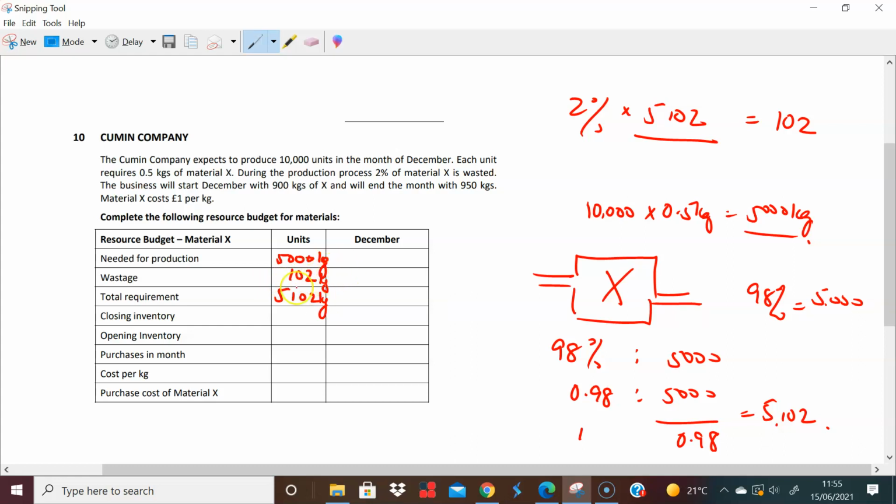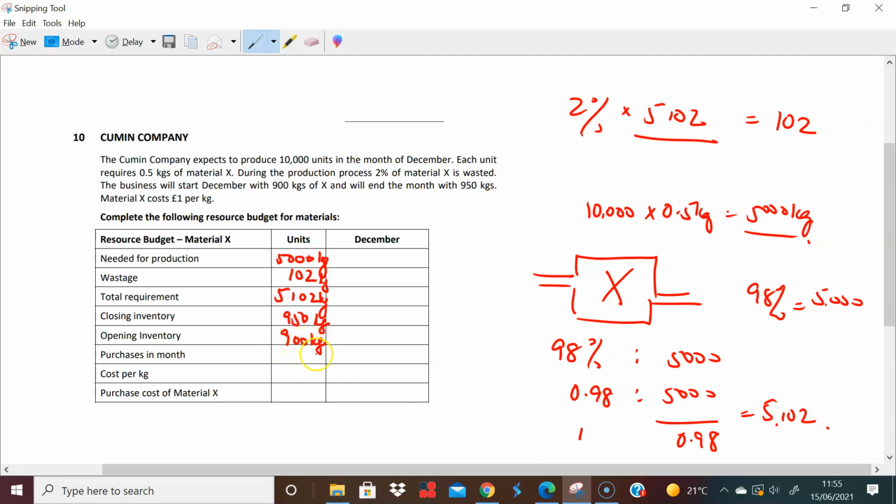The question then says we have closing inventory: we want to have 950 kilograms at the end of the month. The question here is, how much do we need to buy in?